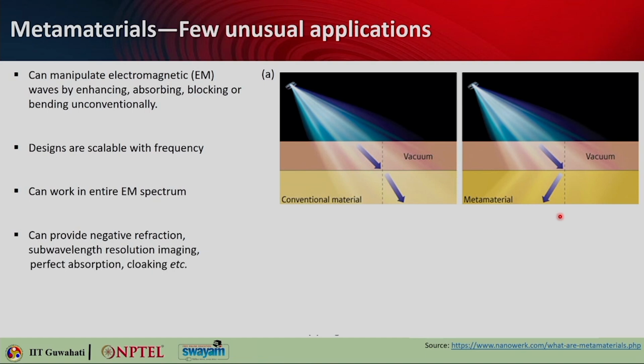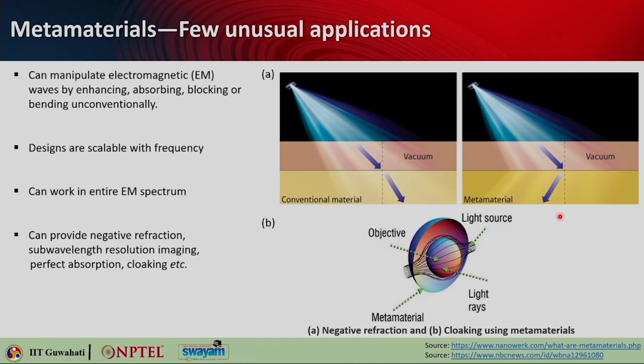Other applications like perfect absorption, cloaking, etc. So when I say cloaking, what is cloaking? Cloaking means hiding an object. Okay, so it can only happen when you are able to bend the light around a particular object, so that when you see it from here, you see as if the light rays are coming from the source undisturbed, because you are actually getting the same kind of beam over here.